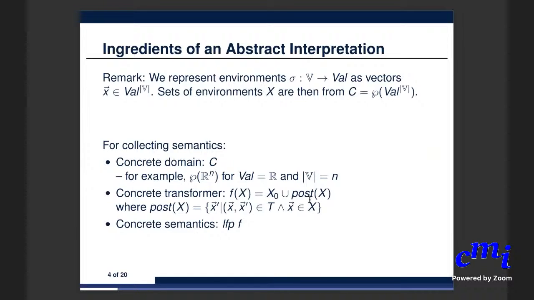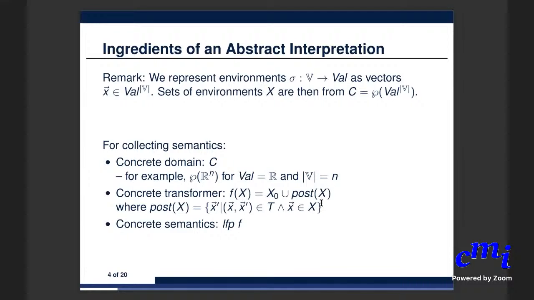Yeah. So post of X will also be an image of a particular transition that defines each instruction in your program. So post computes the image with respect to that transition for that set of all values prior to execution of that.